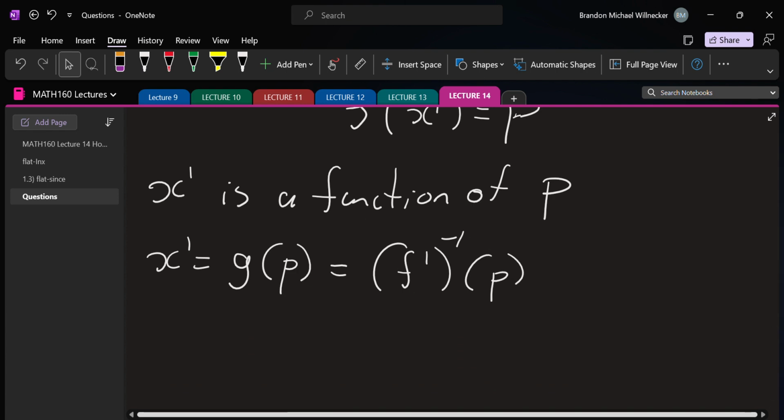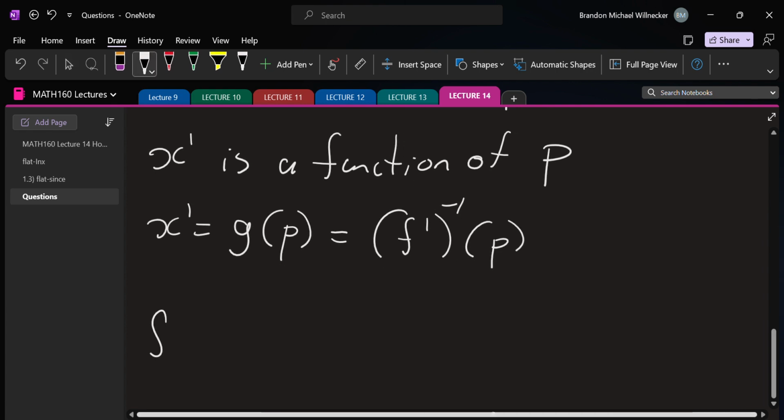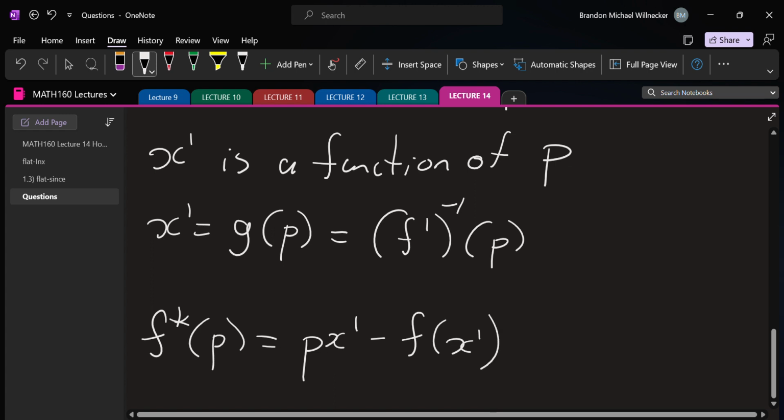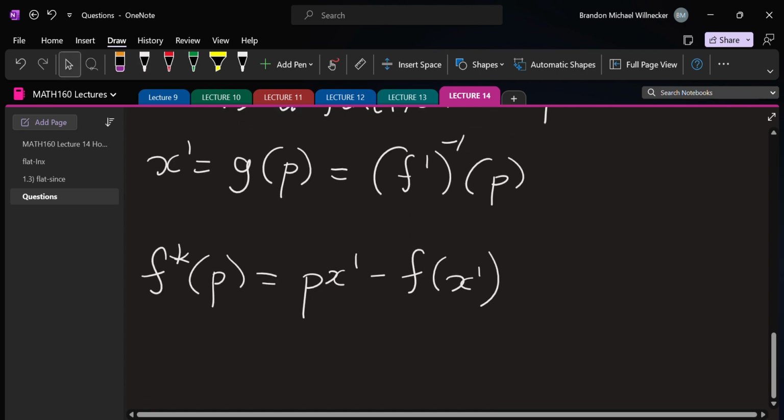Again, the proof is just following the procedure of finding f star. We've got x prime. Now what do we do with x prime? We substitute it into the definition and we get f star. So f star of p is going to be px prime minus f of x prime. Again, we don't know what f is, but we can still do the calculation.